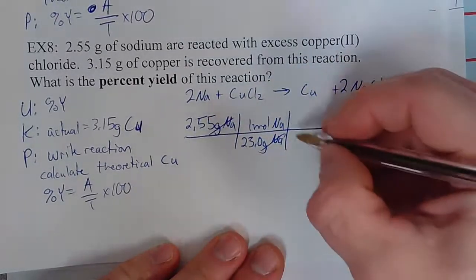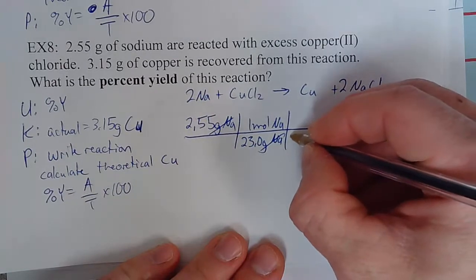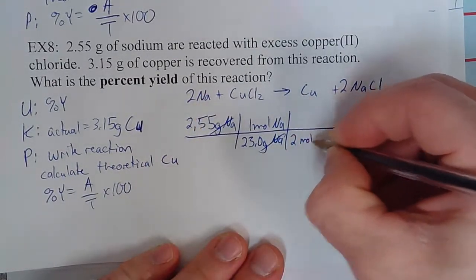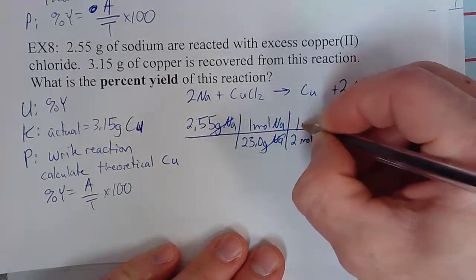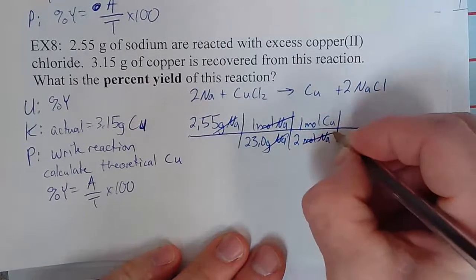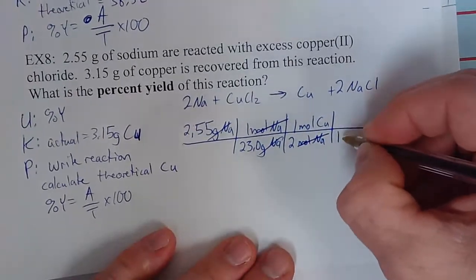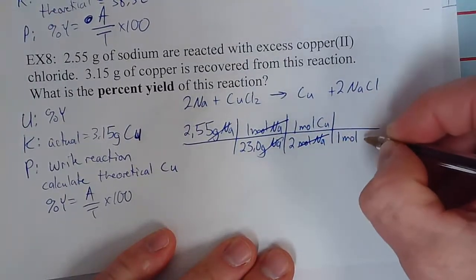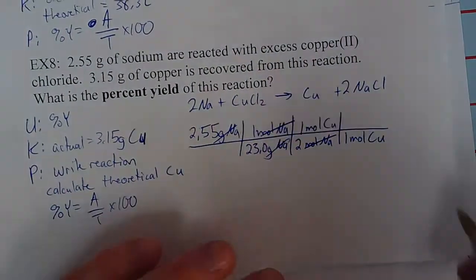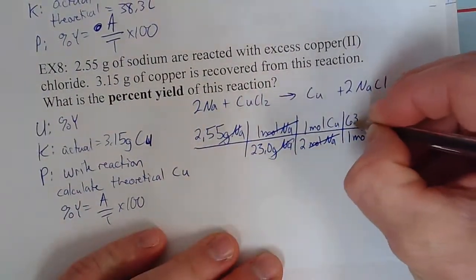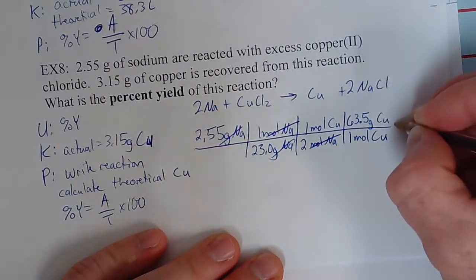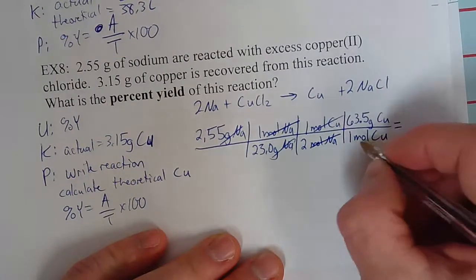Then we need to go to moles of copper. The ratio is 2 to 1, so there's 2 moles of sodium for every 1 mole of copper. The moles of sodium cancel out. And then copper, 63.5. All right, the moles of copper cancel out.